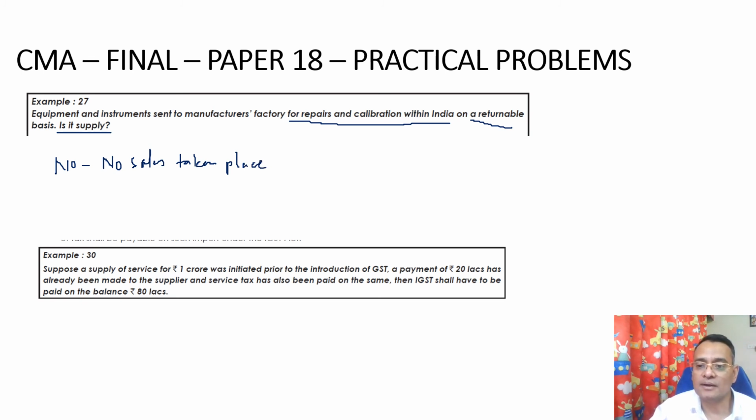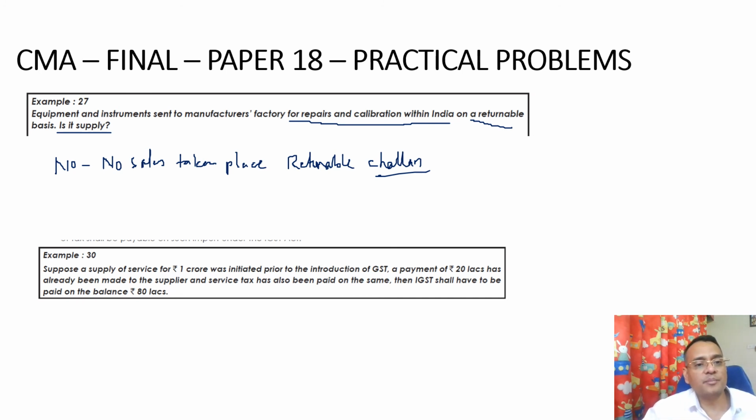Also, the equipment is not given for use by the manufacturer. It is only given for repairs and calibration. So there is no element of supply of service also. So there will be no supply and no GST will be charged, and for sending the material for repair, a returnable challan would be prepared for sending the material to the manufacturer's place.